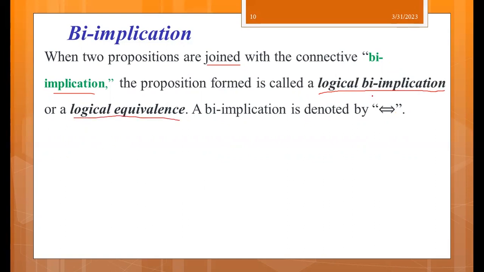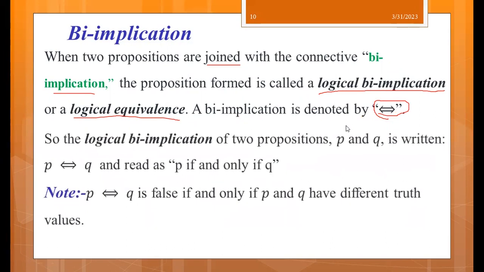The other name for biimplication is logical equivalence. A biimplication, or simply if and only if, is denoted by this symbol, and the biimplication of two propositions P and Q is written in this form, which is read as P if and only if Q.